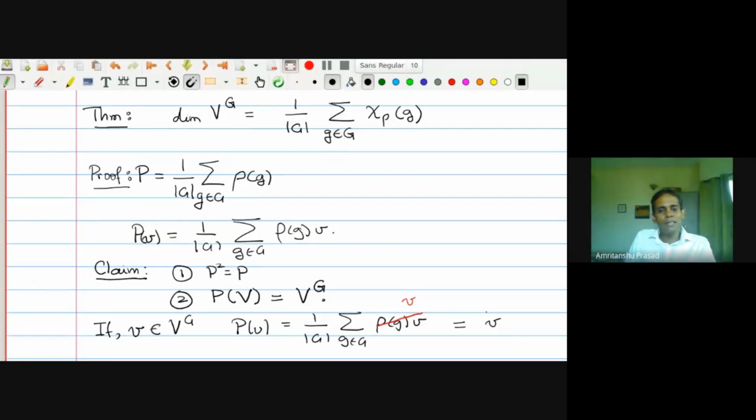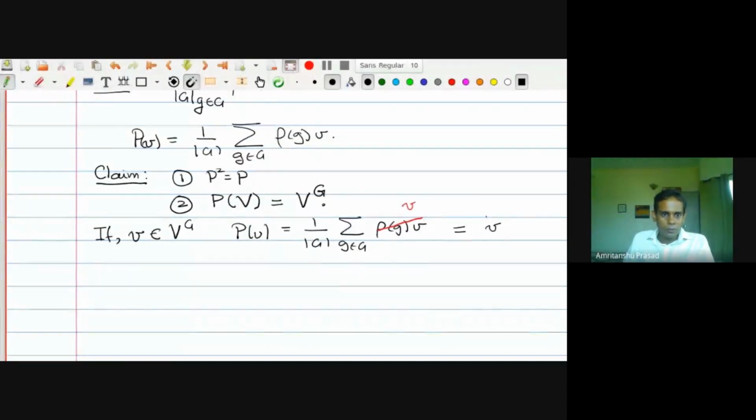So point A: if v is in V^G, then Pv is equal to v.